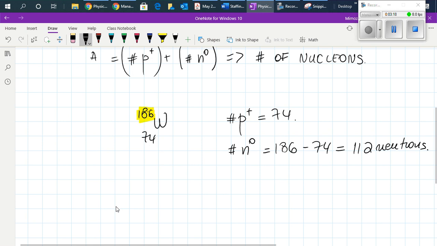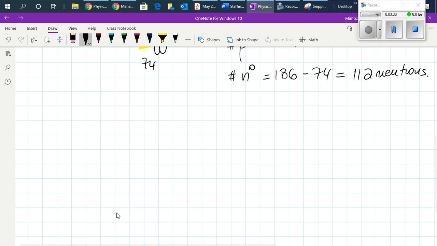Now, one thing we have to keep in mind is that when we see an element in the periodic table, the number of protons in the different forms of isotopes of that element is always the same.